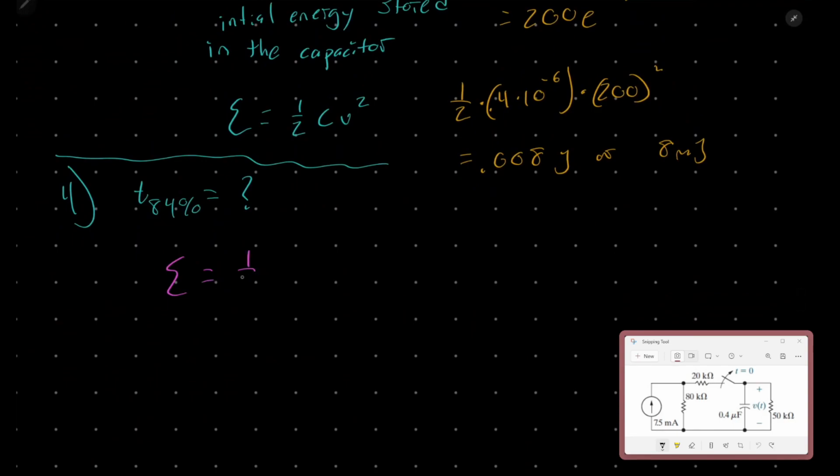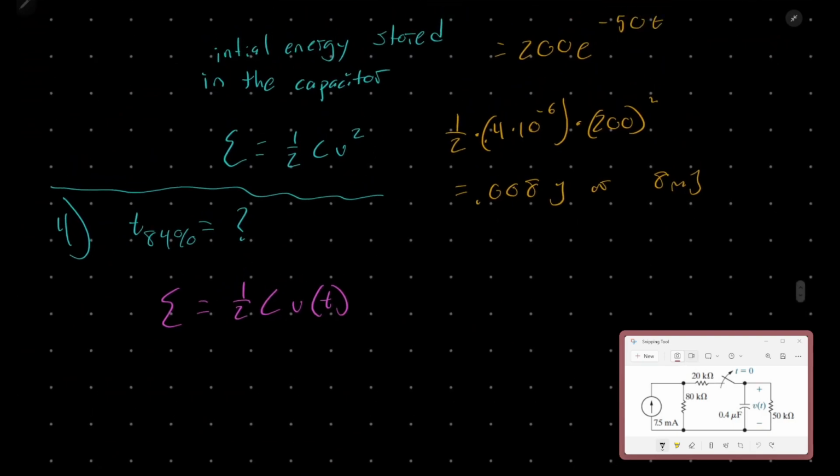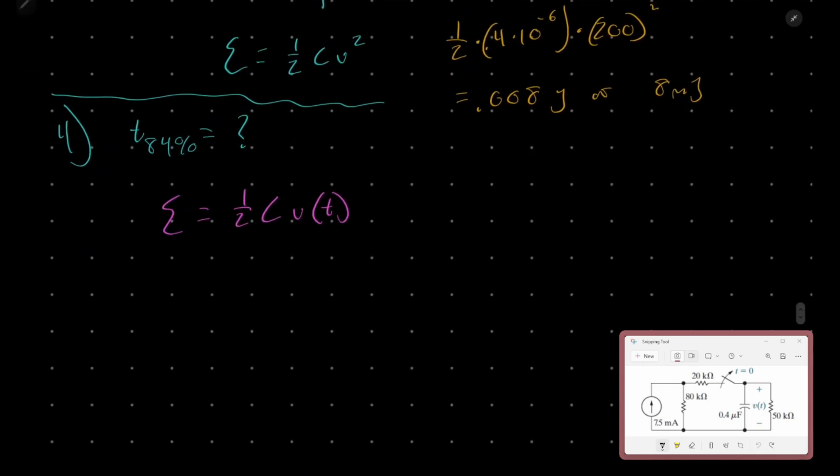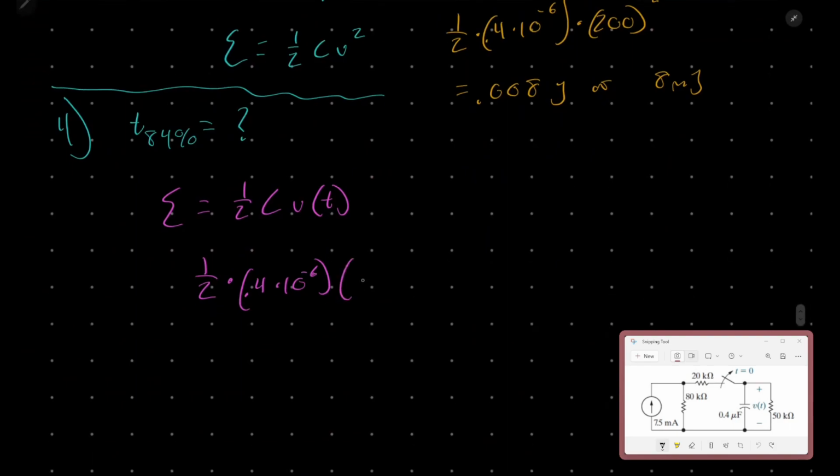So we'll rewrite 1/2 C, and instead of V, we want V of t, because we're trying to find t. Plugging in our variables, we get 1/2 times 0.4 times 10 to the negative 6 times 200 e to the power of negative 50t, squared. This needs to be squared.